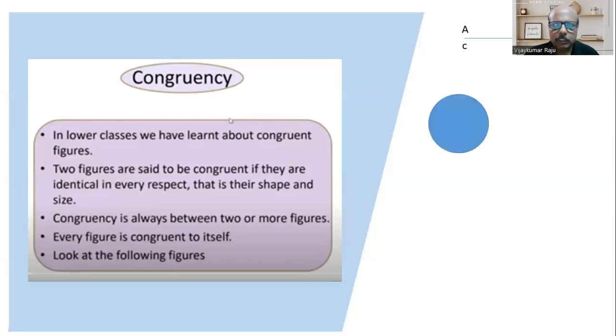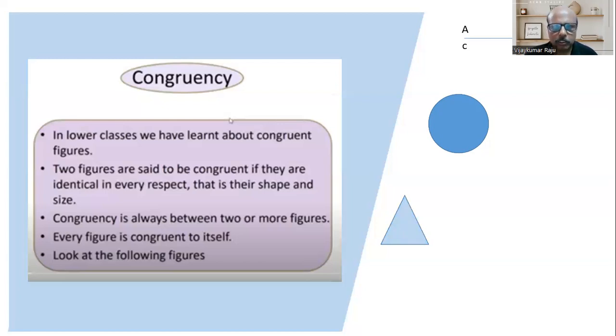Now see this is a circle. We have another circle overlapping this, so we say these two are congruent. Now see this, this is a triangle. You have one more triangle overlapping this, then it is congruent.